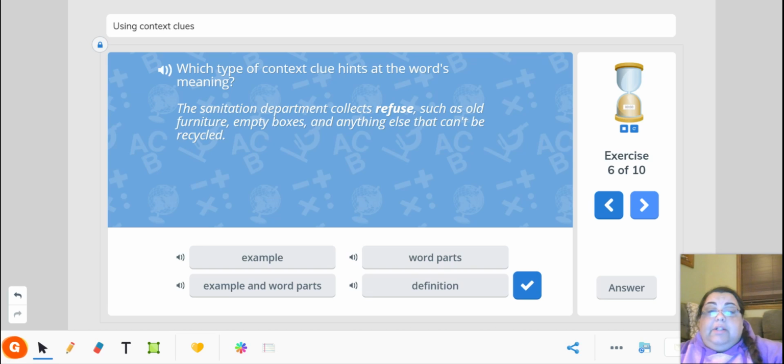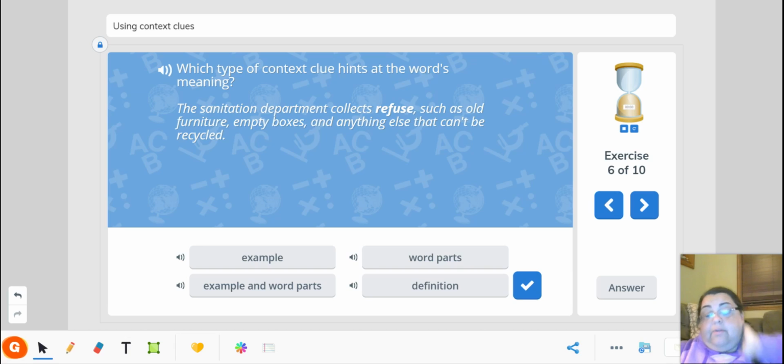Which type of context clue hints at the word's meaning? When we look at refuse, we see re, which means repeat. So that's a prefix, re. And so we know that it's word parts, but are there also examples? We know it's not definition. Do they give examples such as old furniture, empty boxes? So I'm going to make my selection.